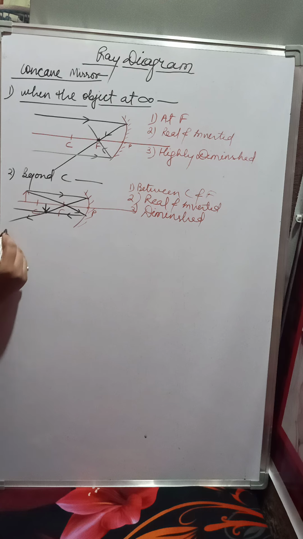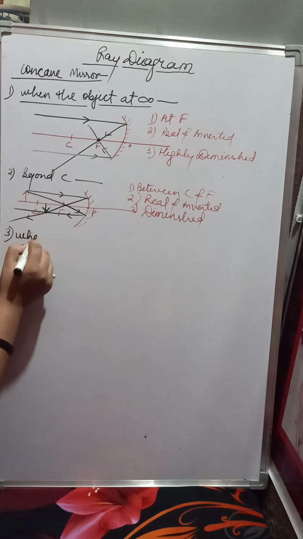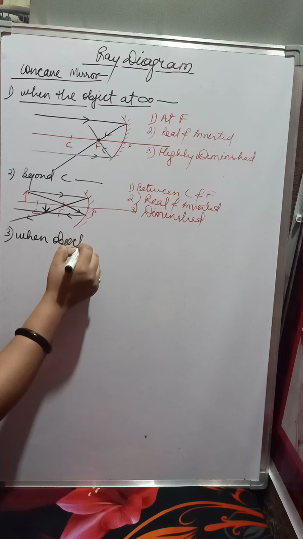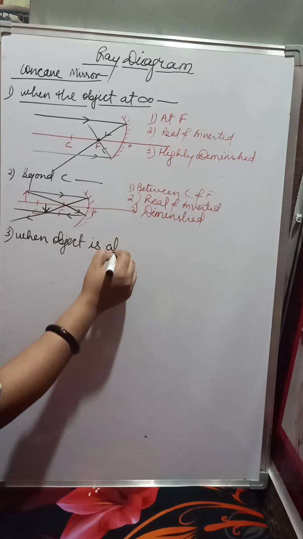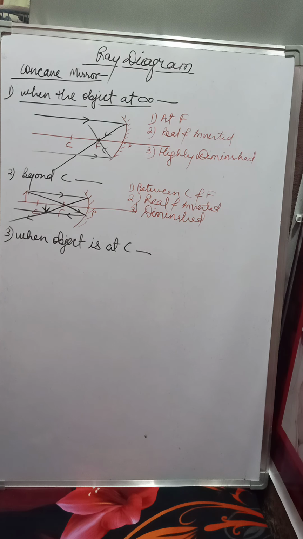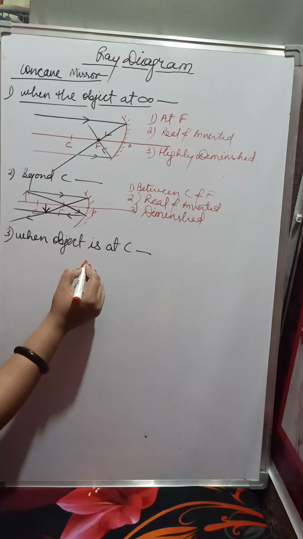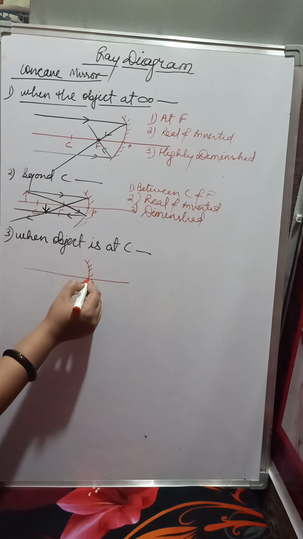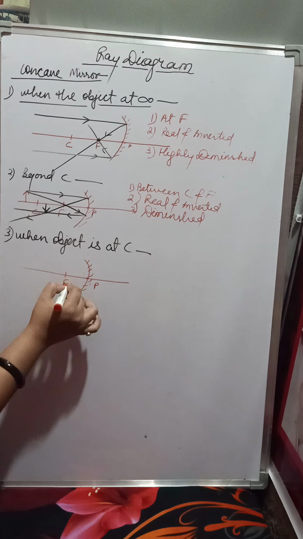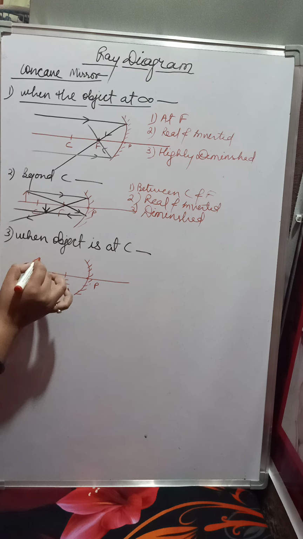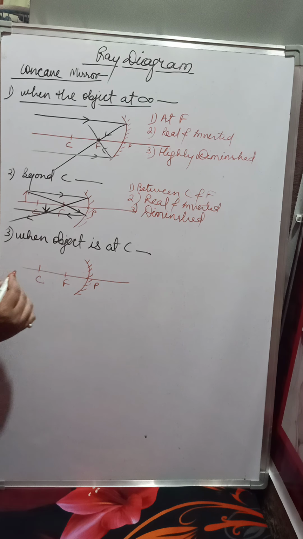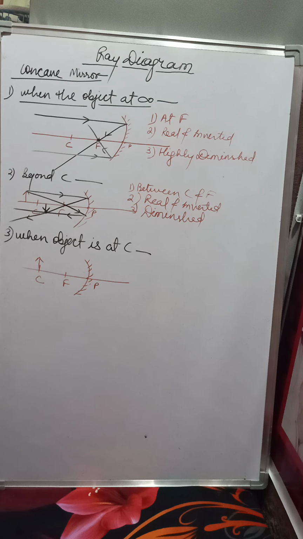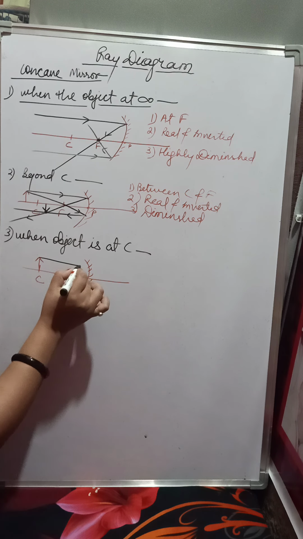Third condition is when the object is at C, that is, at the center of curvature. Concave mirror, principal axis, pole, focus, center of curvature. When the object is placed at the center of curvature, the first light ray is parallel to the principal axis.